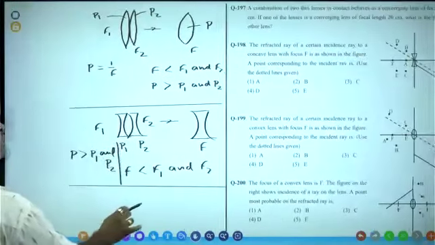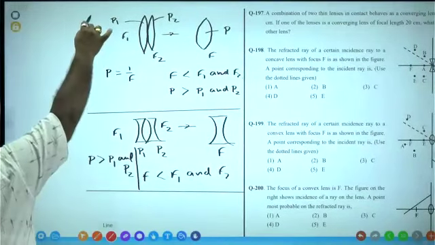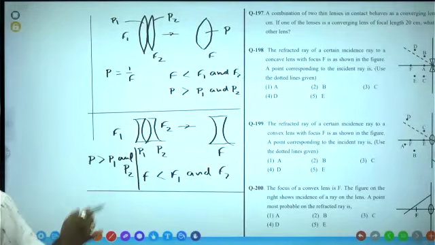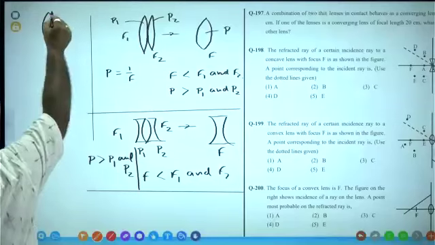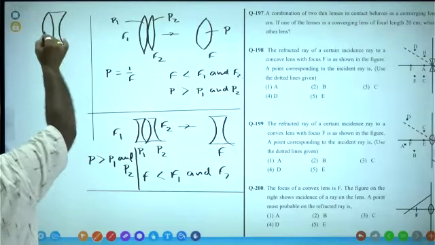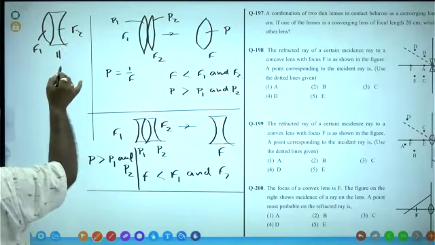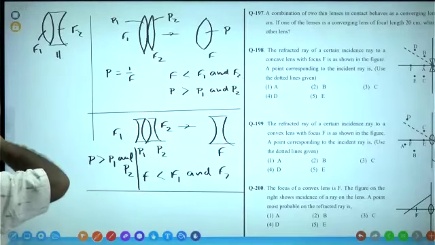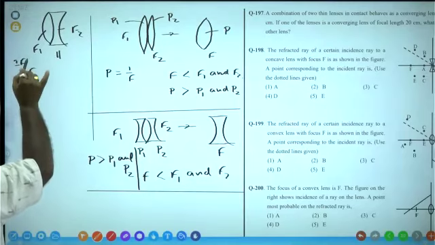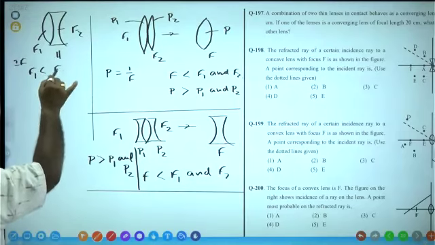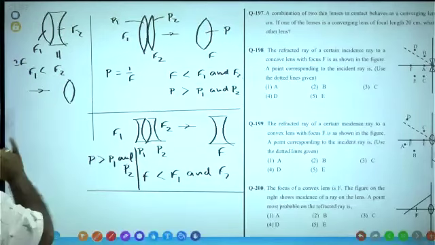When we have this kind of convex and concave two lenses of focal lengths f1 and f2, the resultant one will be decided by the short focal length. If f1 is smaller than f2, the resultant lens should be a convex one.